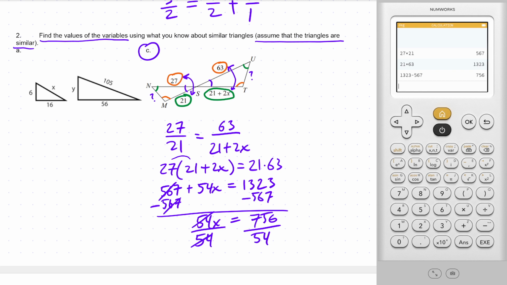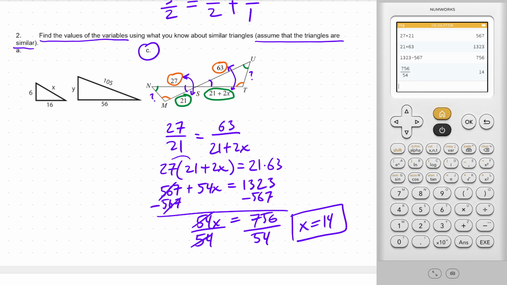That'll get x by itself. And so we'll divide this by 54. And that gives me 14. Okay, so x is equal to 14. All right, so that is the value of the variable, which is what you're asked to find.